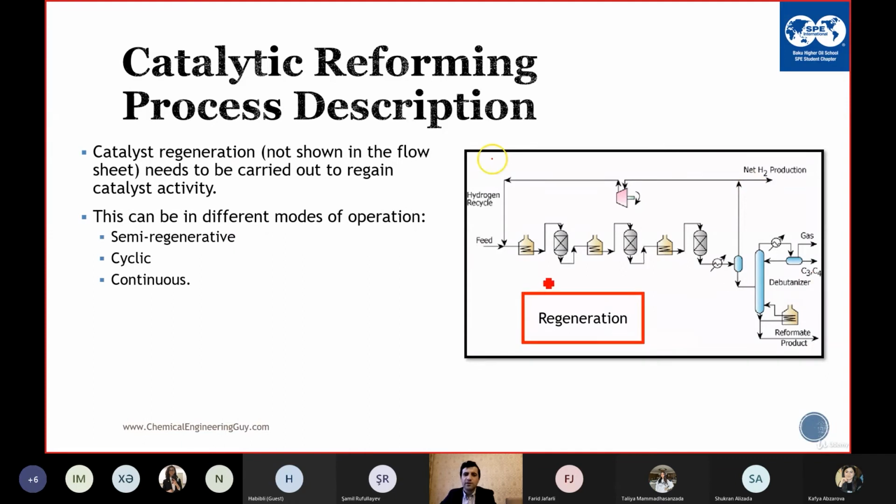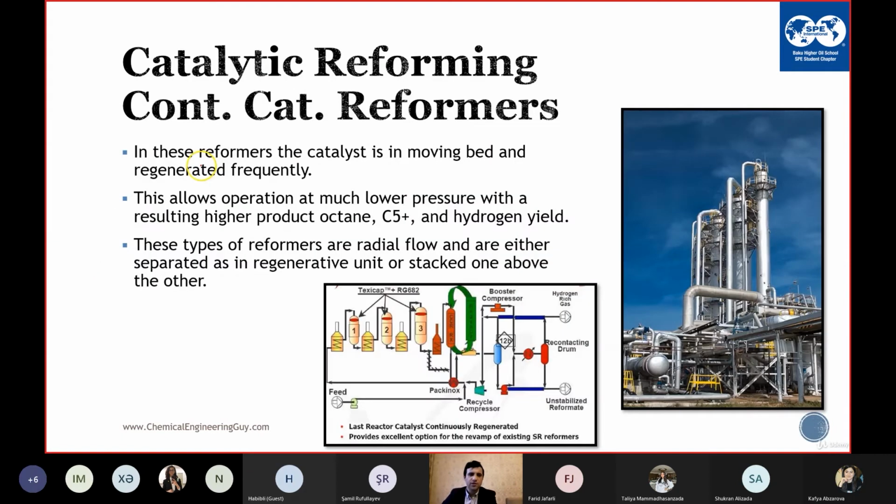And you have the regeneration section, which is different from the main process, but it is connected to the process. So here you can see that we have the regeneration. In this part we have the feed cycle unstable.